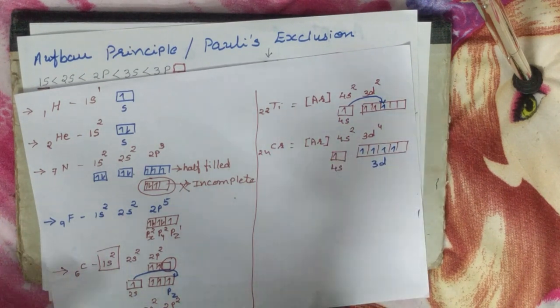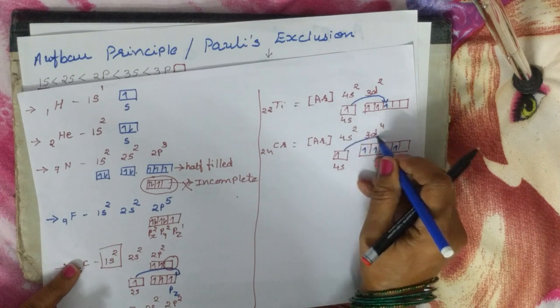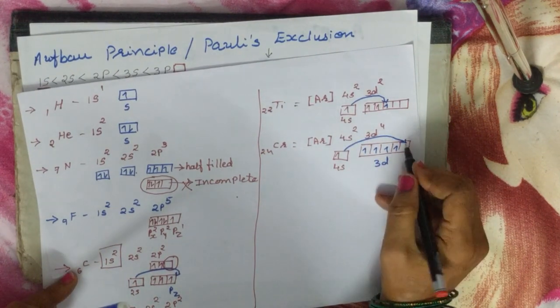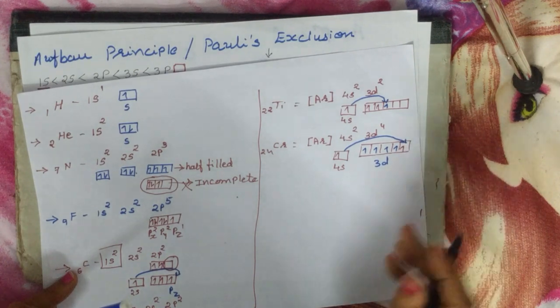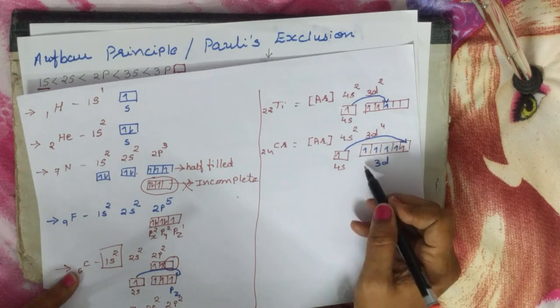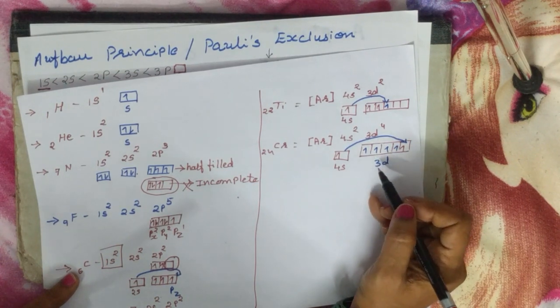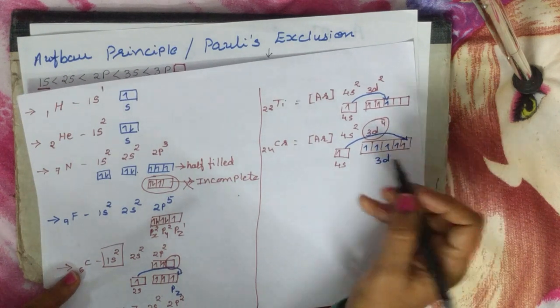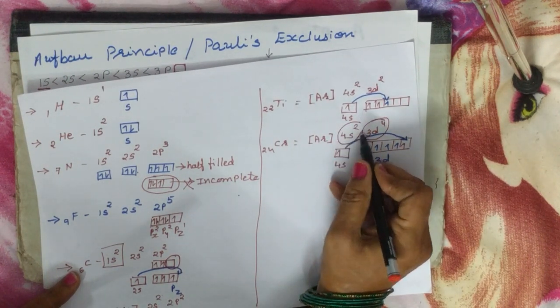This 1 electron just goes and shifts to the 5th orbital of 3d. Now you can see this is the half filled orbital and this is more stable than the 3d4 and 4s2 configuration.